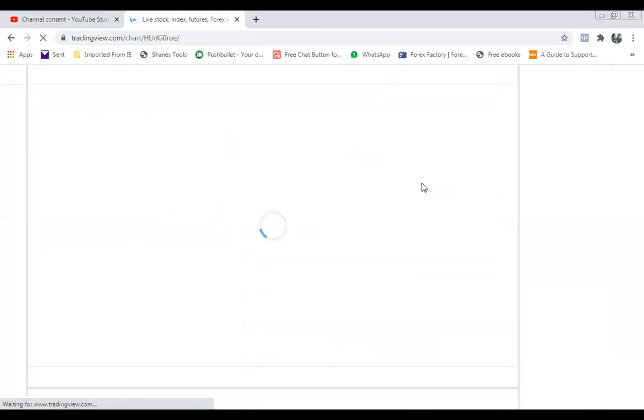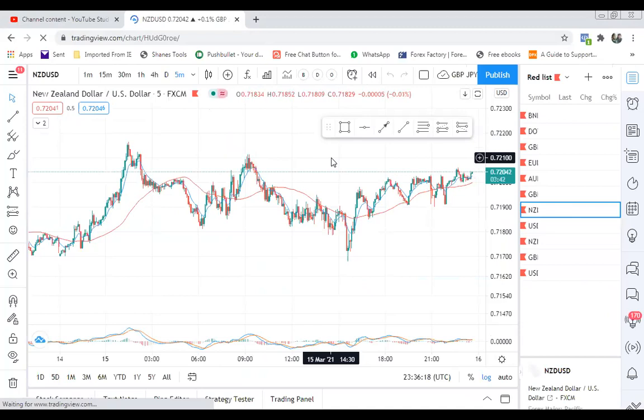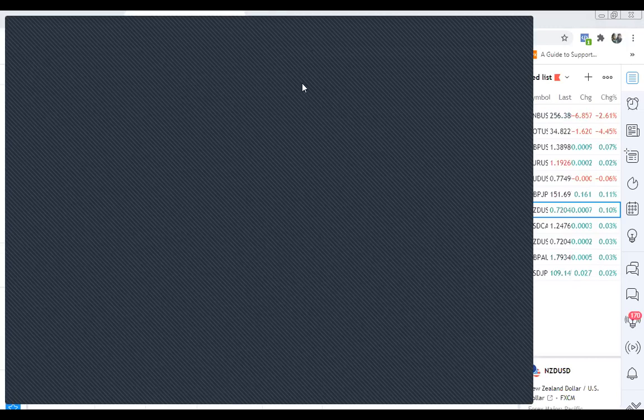Now, for you to be able to analyze Boom and Crash in TradingView, you need to go to Deriv. When you go to Deriv, you will see an area for TradingView. Once you click it, it's going to take you straight to the TradingView platform for Deriv.